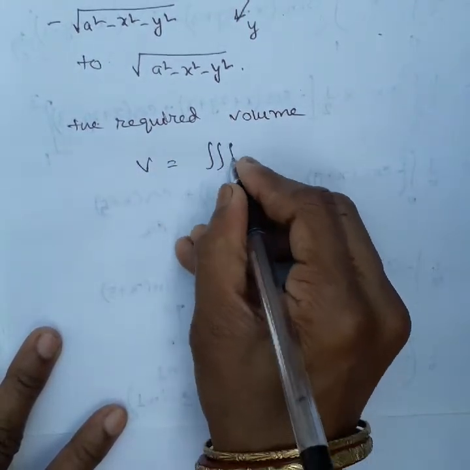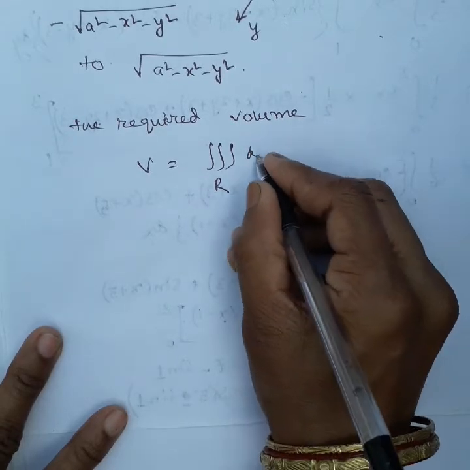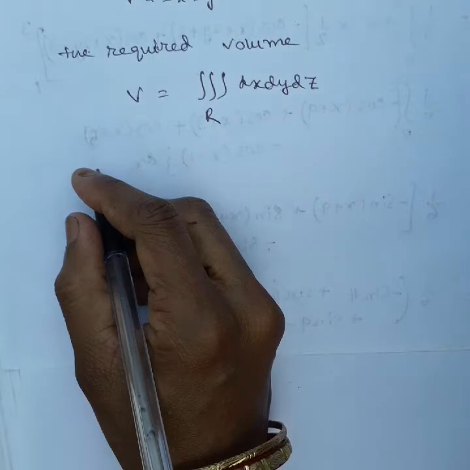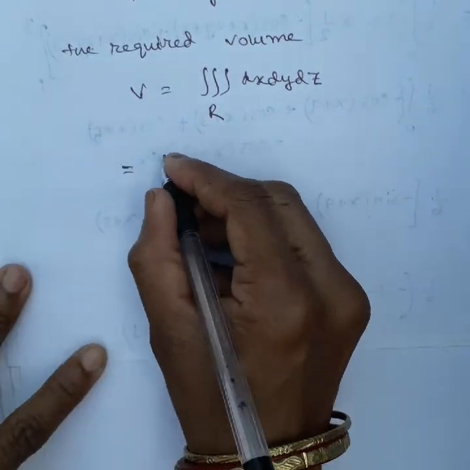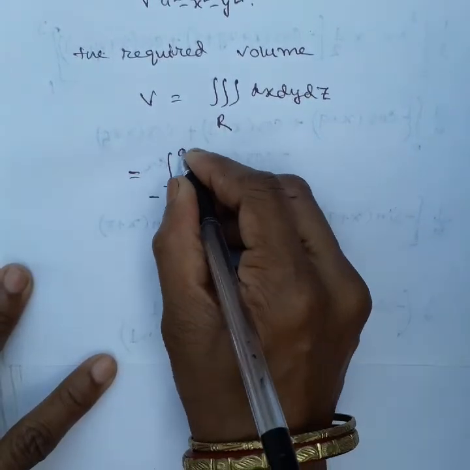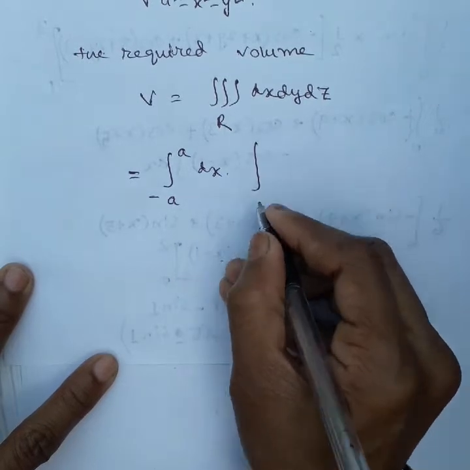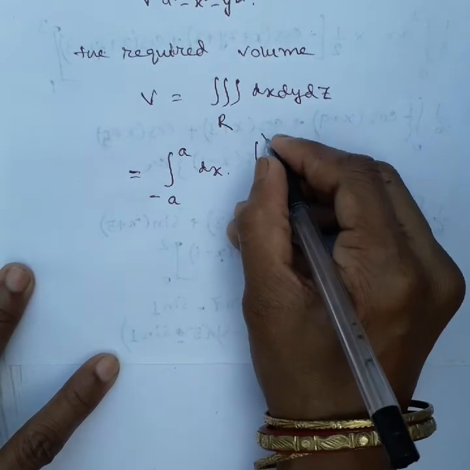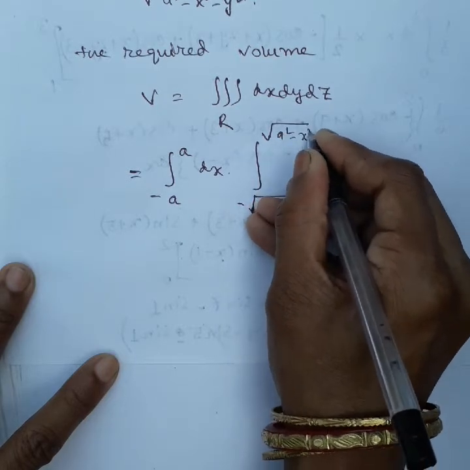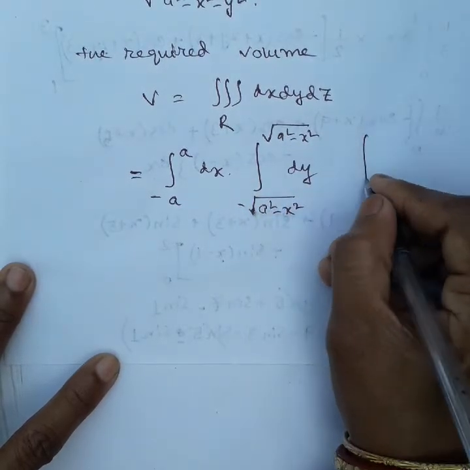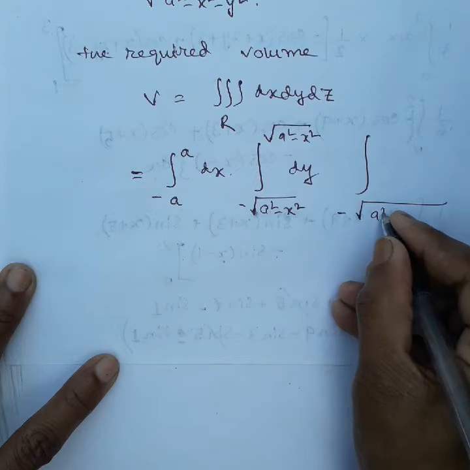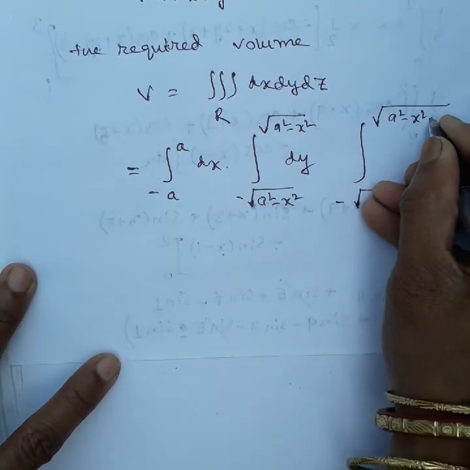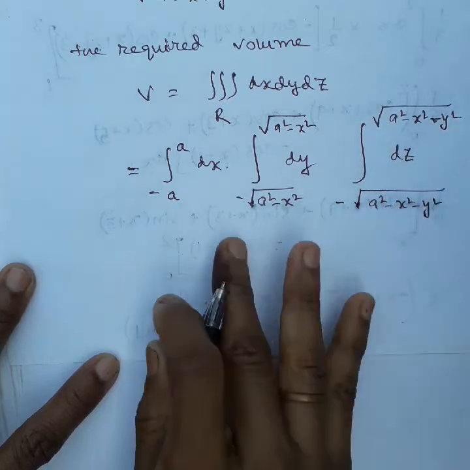So the required volume V is equal to the triple integral over region R of dx dy dz, R being the region of the sphere. So this is equal to the integral from minus a to plus a dx, the integral from minus root of a square minus x square to plus root of a square minus x square dy, and the integral from minus root of a square minus x square minus y square to plus root of a square minus x square minus y square dz.